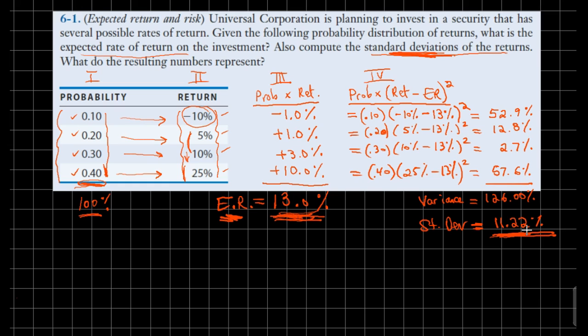Should that distribution be a normal distribution? I know it's not, right? So it's definitely not. It is a left skewed distribution. Should it have been a normal distribution, the meaning would be that with 68% chance, our returns would have been 13 plus or minus 11, so roughly between 2% and 24%, right?